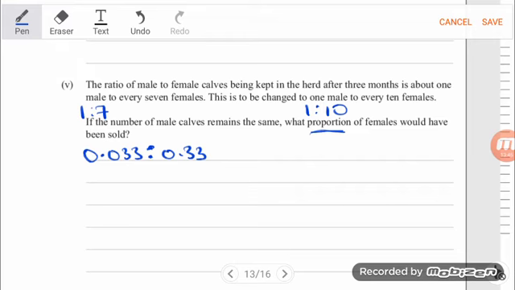Why are we doing that? Because 10 times 1 gives us 10 females. So if this is our new 1, the 0.033, then we need to multiply this by 10 to make the ratio equivalent.